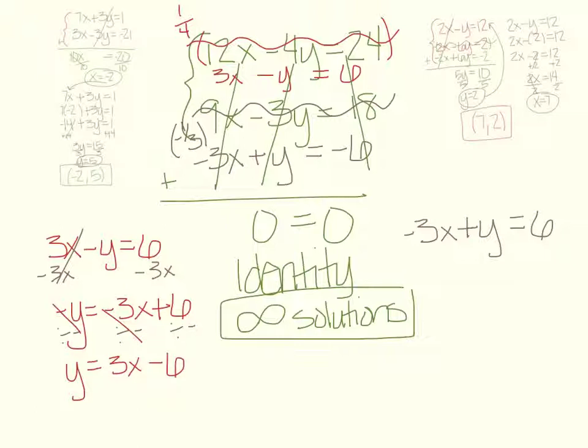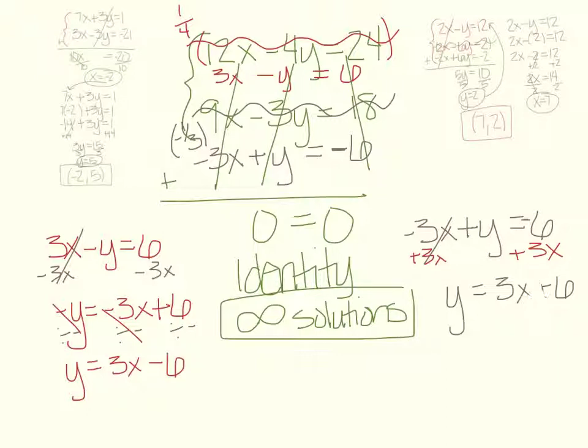And over here on the right, we'll do the same thing. We'll add 3x to both sides. We get y equals 3x plus 6. Oh, right there. I dropped a negative right here.